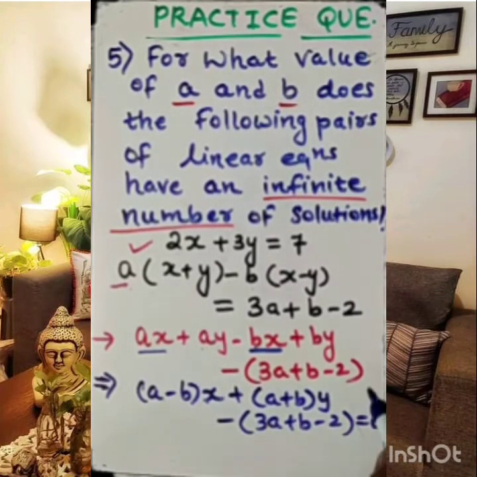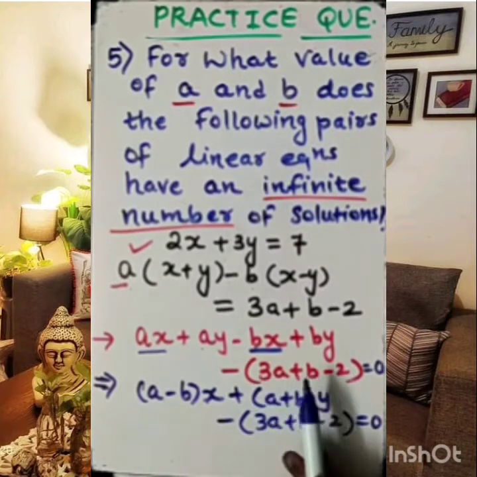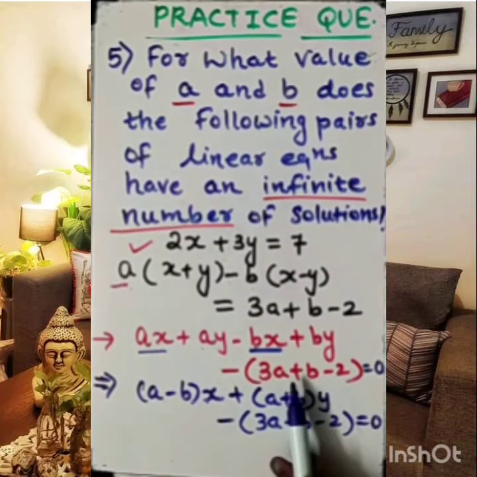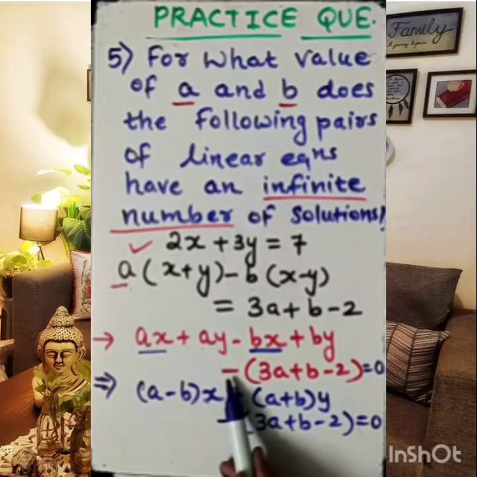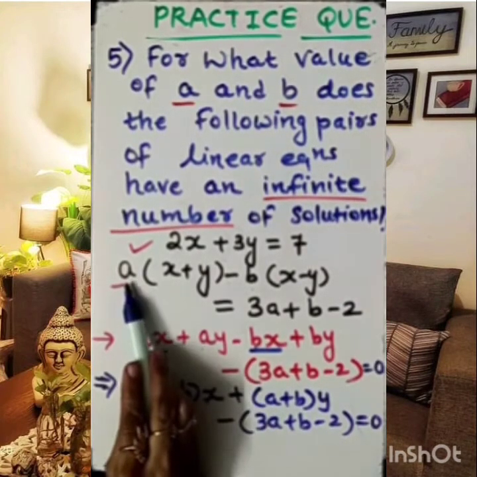Here also I need to mention equal to 0, as I have brought this full term. This is the constant term I am considering, and I have kept it in brackets and brought it to the left side. Once again I am explaining, nothing else I have done. For equation number 2, first I am simplifying.